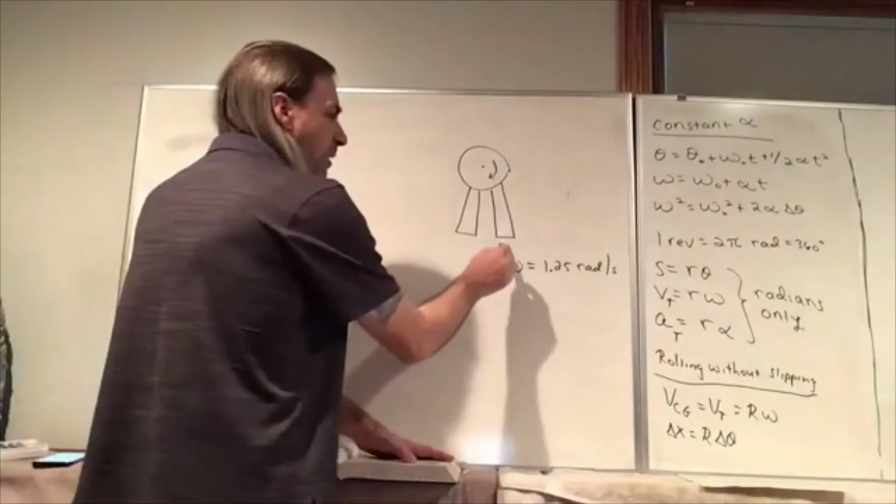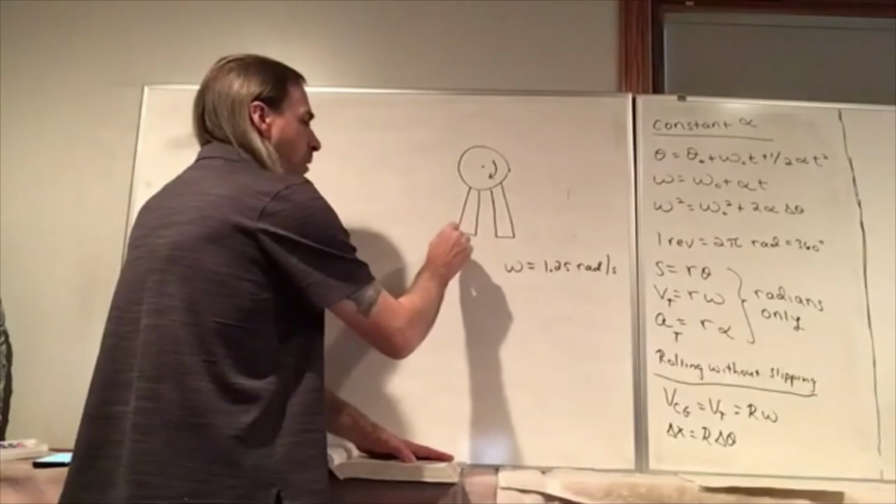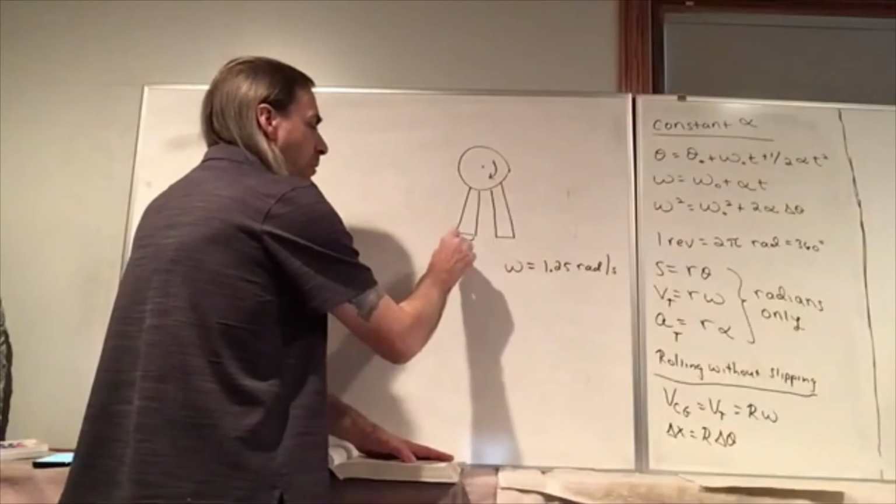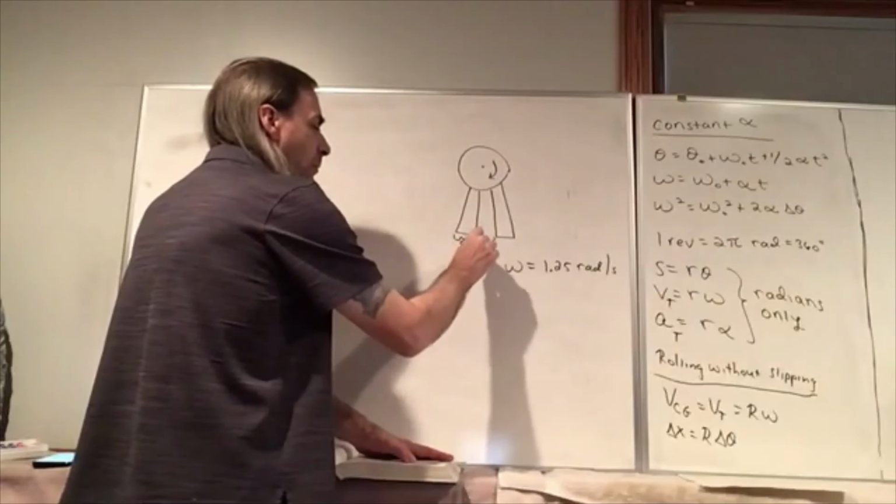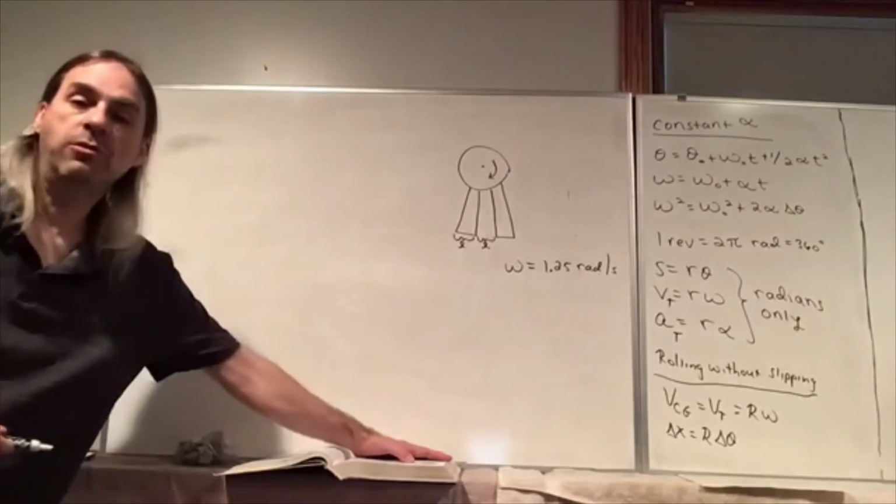I don't want to use the letter W for width because that might be confused with omega.